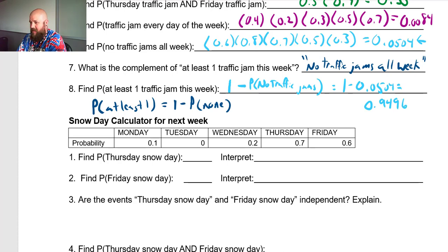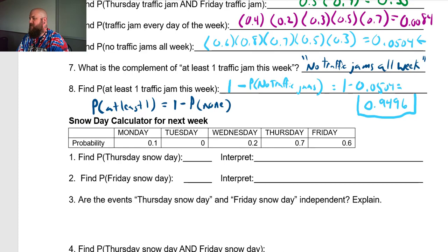And that is the probability of at least one traffic jam this week. Sounds like good old San Antonio traffic on I-35 in the morning. 95% chance, pretty much. So a 94.96% chance of a traffic jam this week.